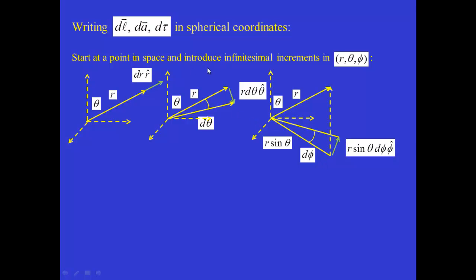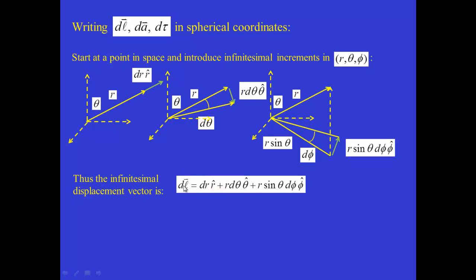So each of these three results gives us the components of the differential or infinitesimal displacement vector dl. So dl then could be written, if you move from one point in space to a nearby point in space, the most general kind of displacement will have components along all three coordinate directions. So dl will be dr r hat plus r d theta theta hat plus r sine theta d phi phi hat.